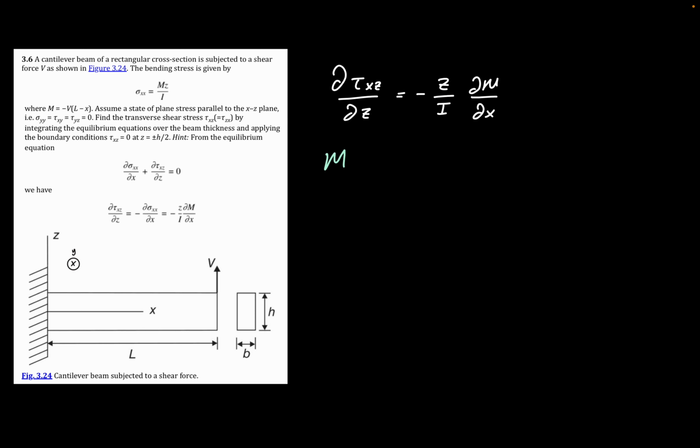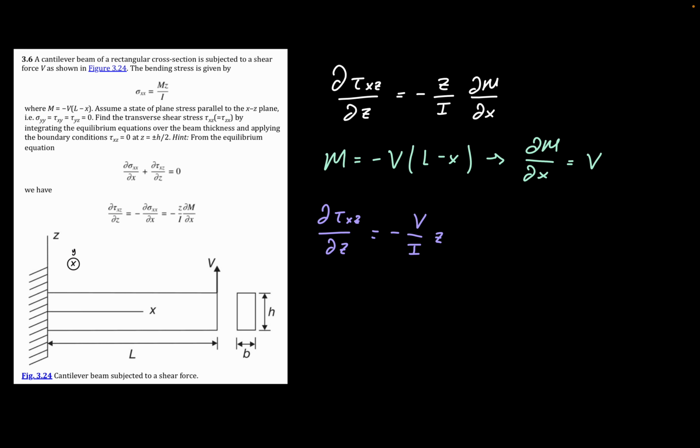So they tell us that M is equal to negative V times (L minus x). And if we take the partial derivative of M with respect to x, then we are left with simply V. So now we can make that substitution. After making that substitution, we are left with negative V divided by I all times z.